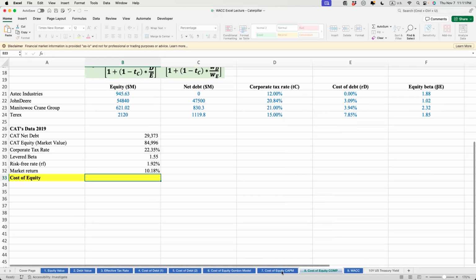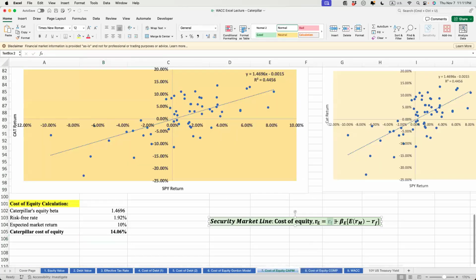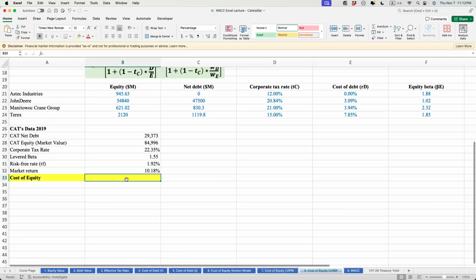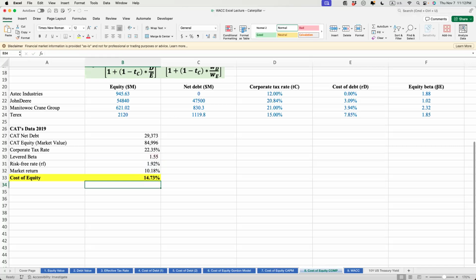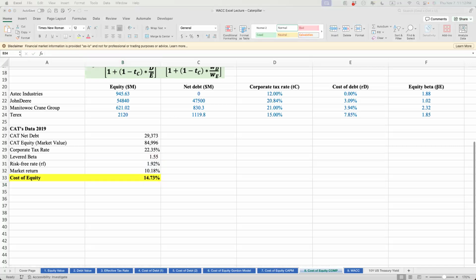You go back to this formula: risk-free rate plus beta multiplied by the market risk premium, the difference between market return and risk-free return. So this is equal to the risk-free rate plus the levered beta we calculated here, multiplied by the market return minus the risk-free return. And you get your cost of equity using the comparable firm.